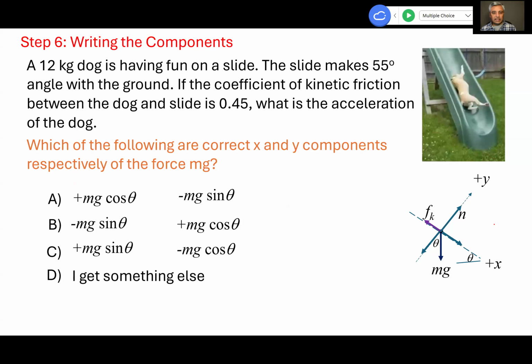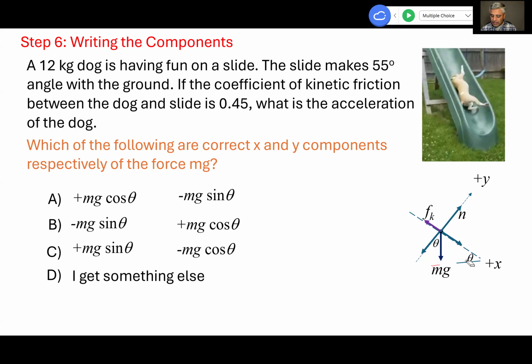For that, we can take a clue from what we learned last class as well. So this is the angle theta made by the inclination or the slide with the horizontal, right? So that's given.